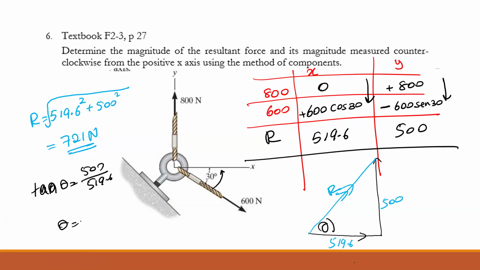I don't have the answer for this. So are you guys getting the same number? Or are my ones wrong? I'm not sure. Tan inverse of this, so I get 43.9 degrees from the positive x-axis in the counterclockwise direction.